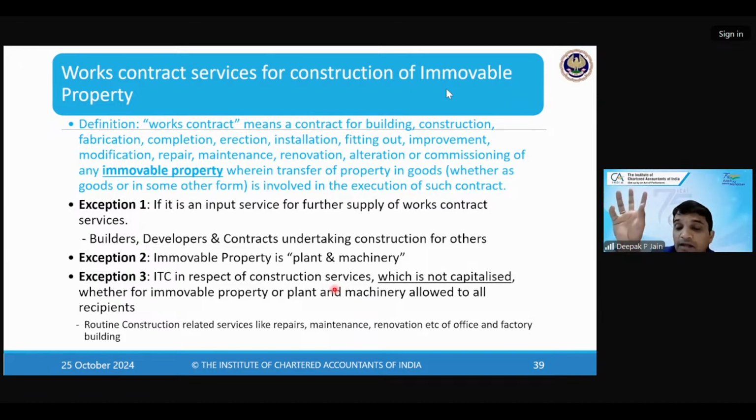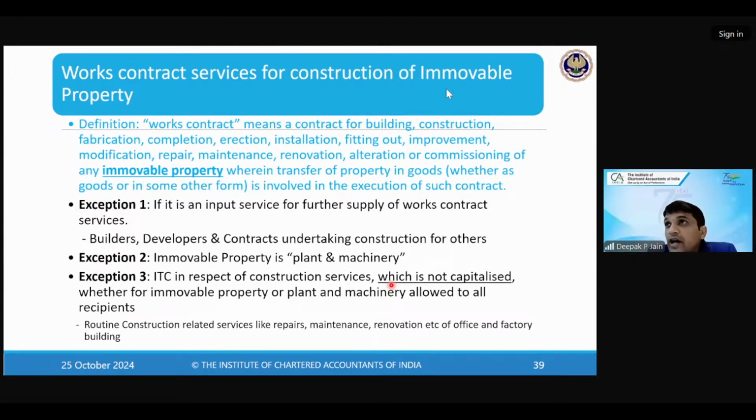No, that will be under your fixed assets itself. When you show it as an asset in your balance sheet, that is called capitalization. So when you capitalize it, input tax is not available. When you do not capitalize it, it could be both immovable property or plant and machinery, and it is allowed to all the recipients.